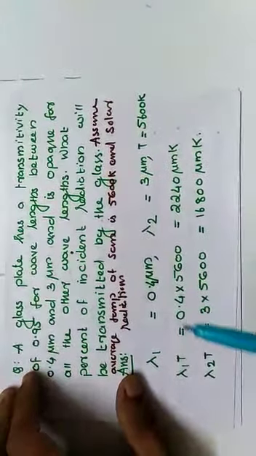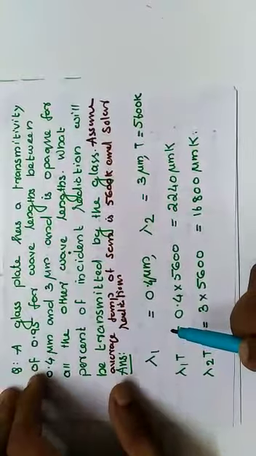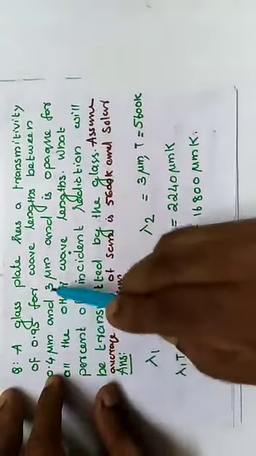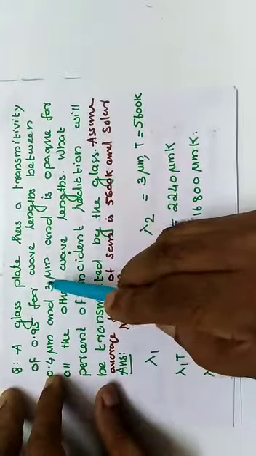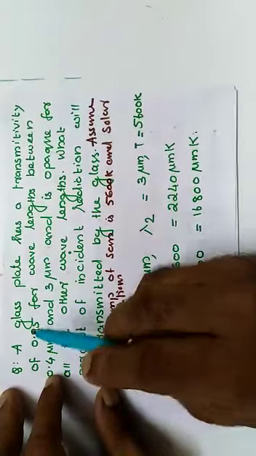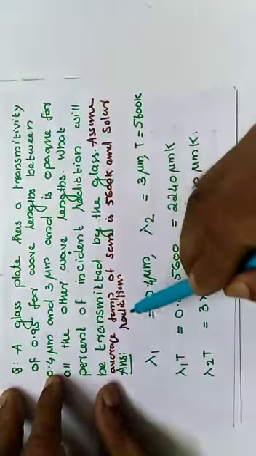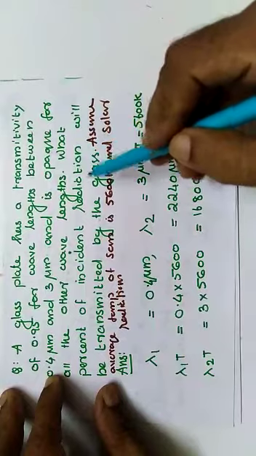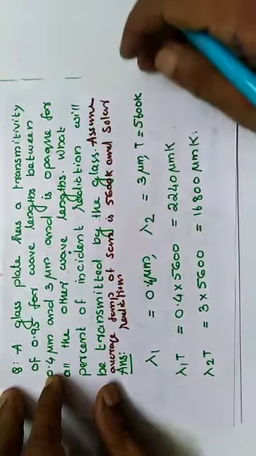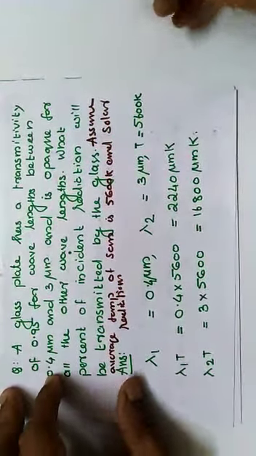So first we have to calculate the fraction of the emissive power that lies between 0.4 micrometer and 3 micrometer. Then multiplying by 0.95 will give you the actual fraction of the emissive power that transmits through the glass.